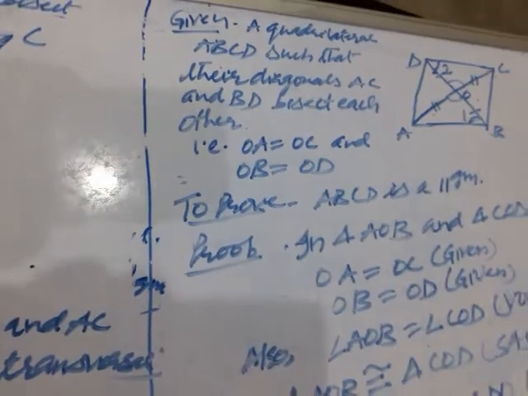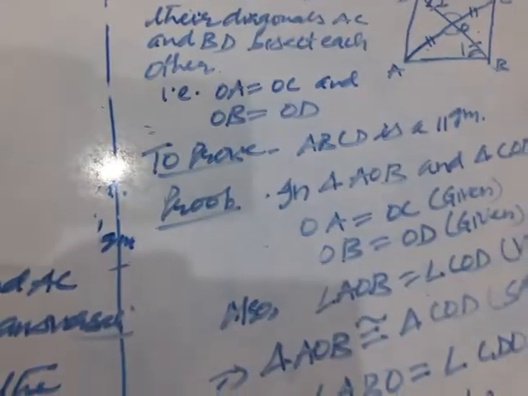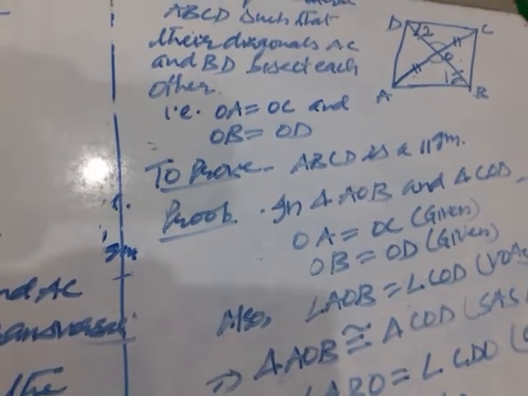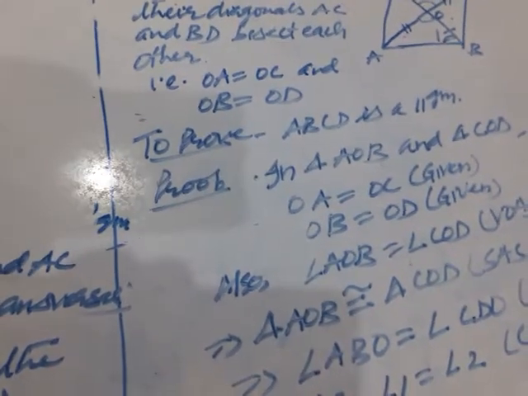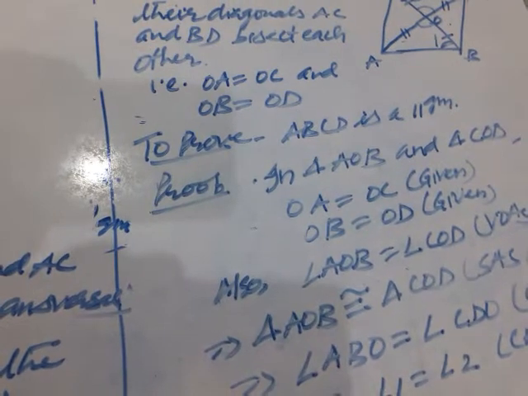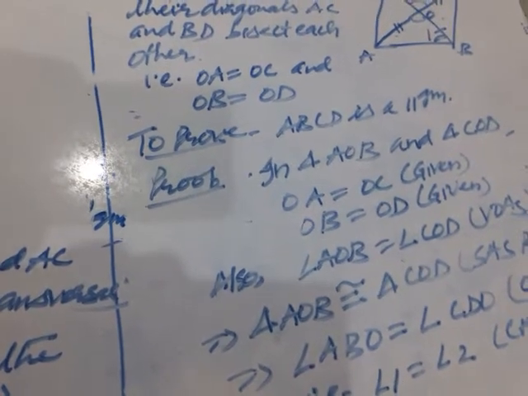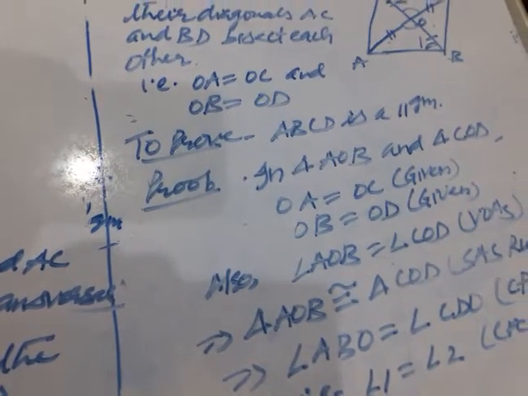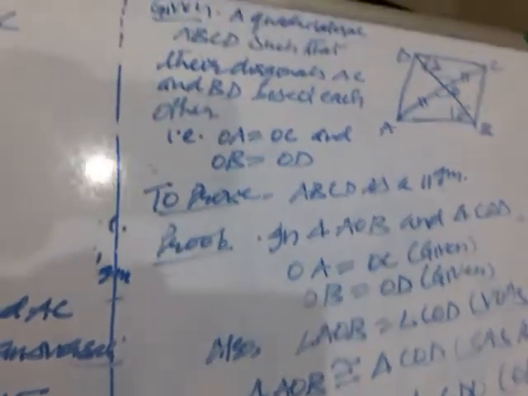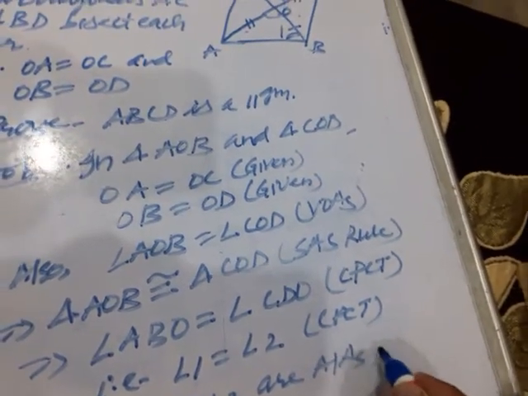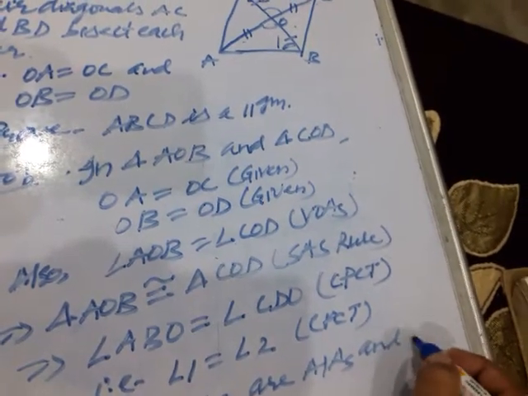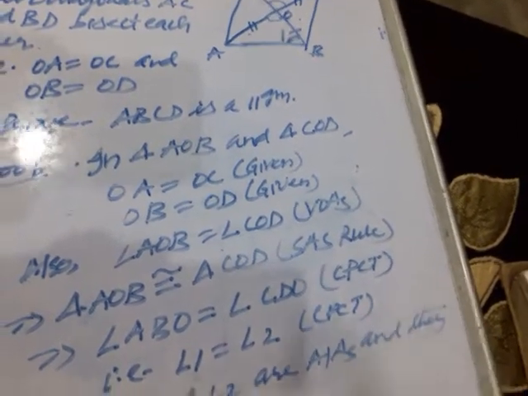Okay, children? Now, that is CPCT. But what do we see? Angle 1 and angle 2 are what? Alternate interior angles, and they are equal also.